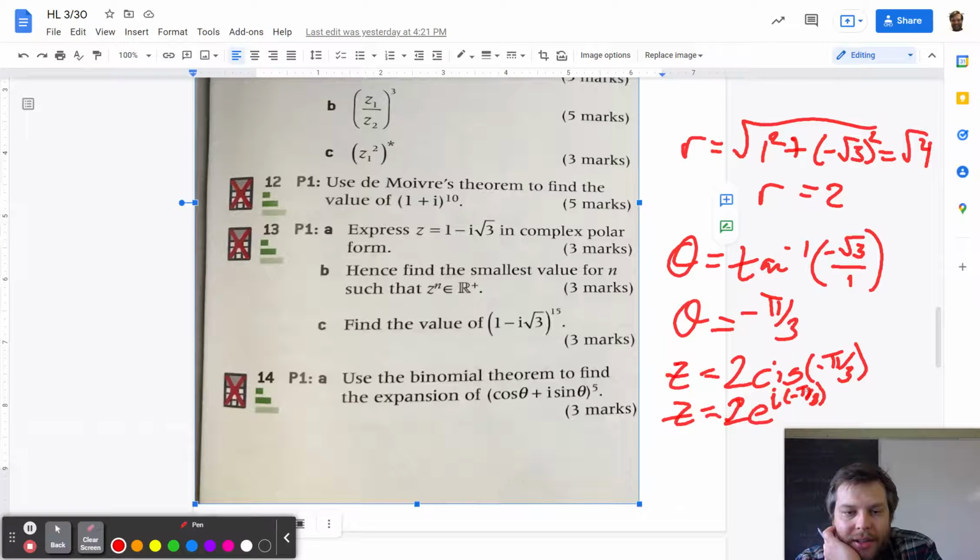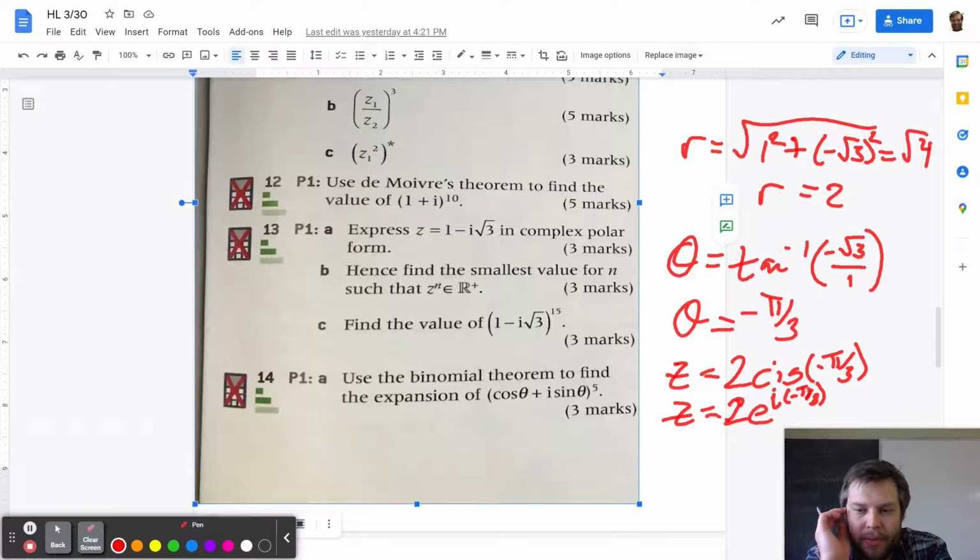So I'm assuming they want us to think about positive integers here and ignore the sort of trivial answer of n equals 0. I guess it's one of those badly written questions. So anyway, let's assume that we want to find a positive integer n, and when we raise z to that power, we get R plus.